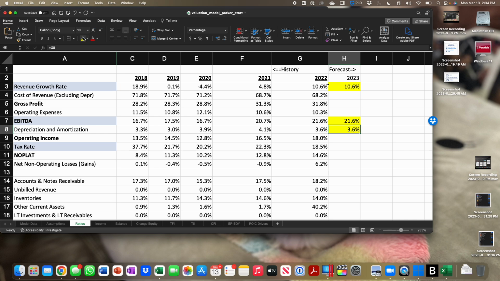That will get me my EBIT or operating income. So for operating income equals H7 minus H8, 18%. Not yellow, because I'm solving for that. Now, if I want to be lazy, the formula for H9 is actually in G9, and I could copy and paste it over from G9 to H9.